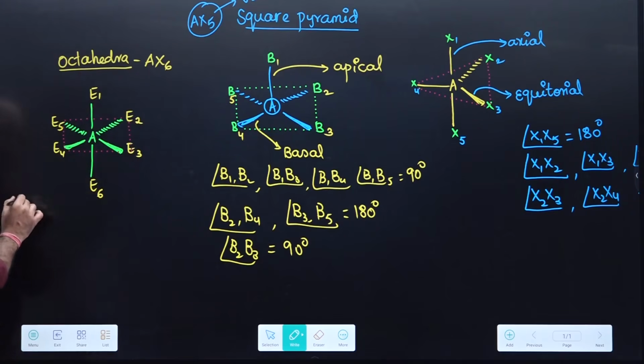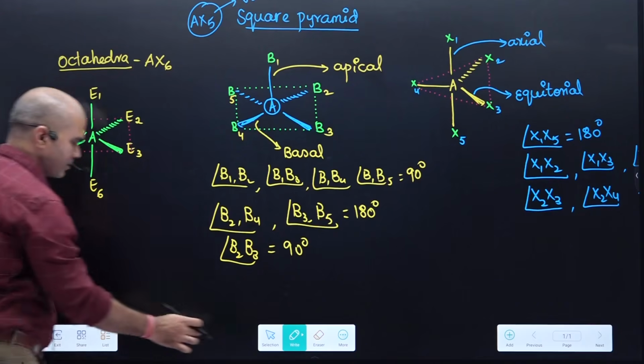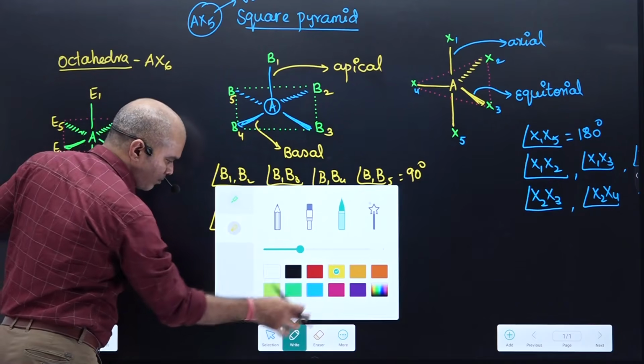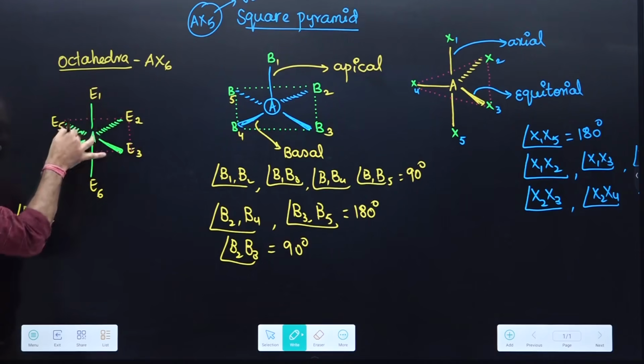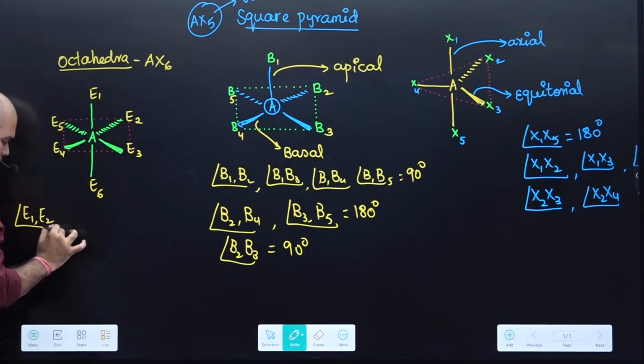Bond angles between E1, E2 or E1, E3, E1, E4, E1, E5, anything.